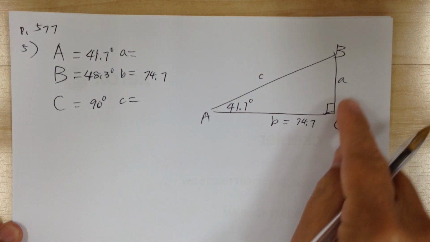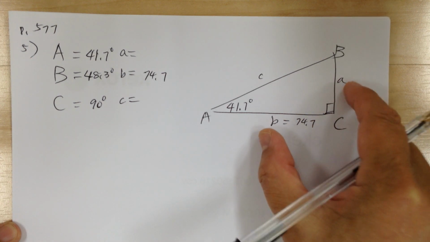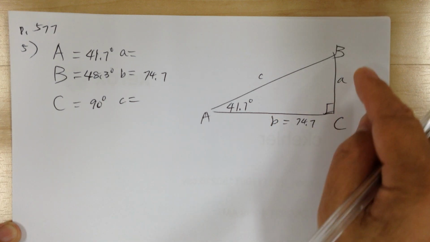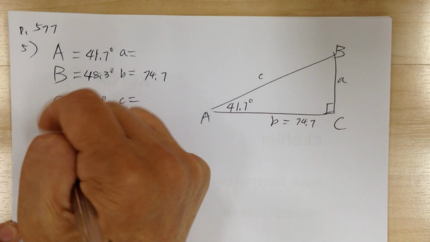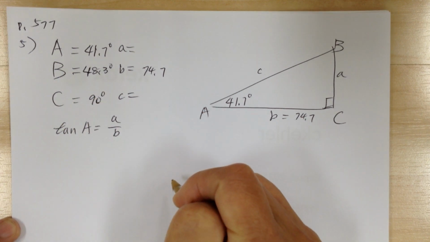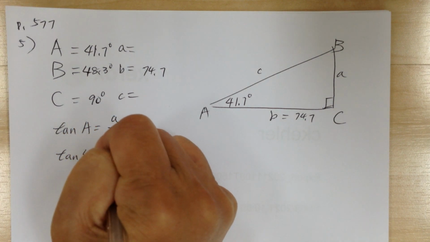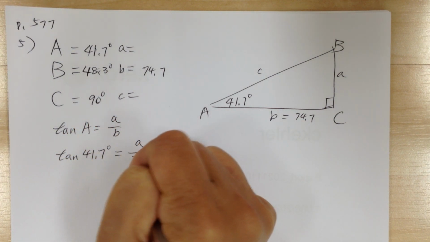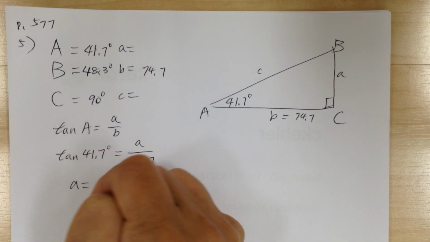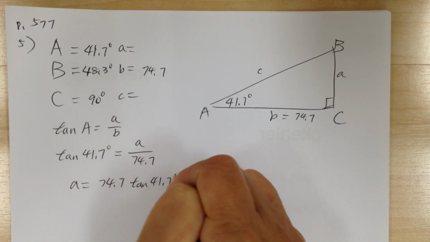Okay, so I'm going to find the small a first. This is what you're given, and this is what you're looking for, so you need these two. The relationship between these is tangent, right? Opposite over adjacent, that's your tangent. So tangent of A equals a over b. Substitute the numbers in there. Cross multiply, so a equals 74.7 times tangent of 41.7 degrees.